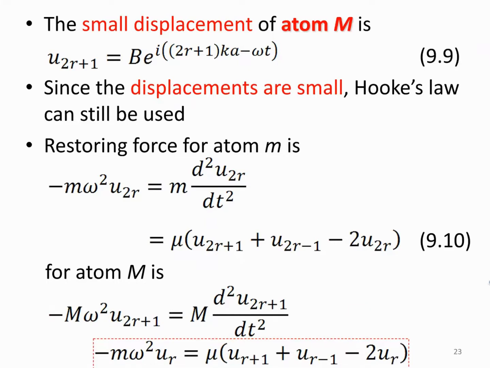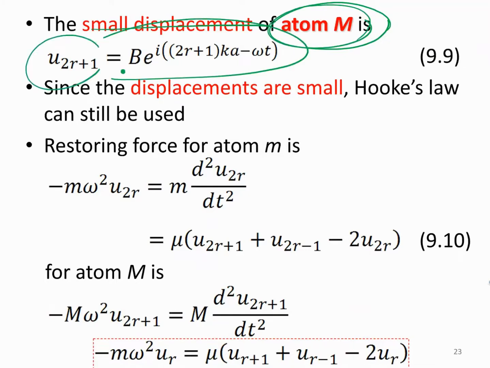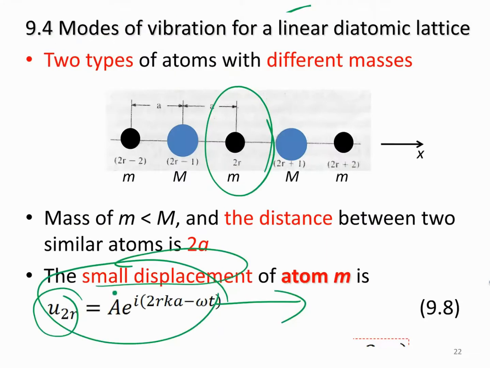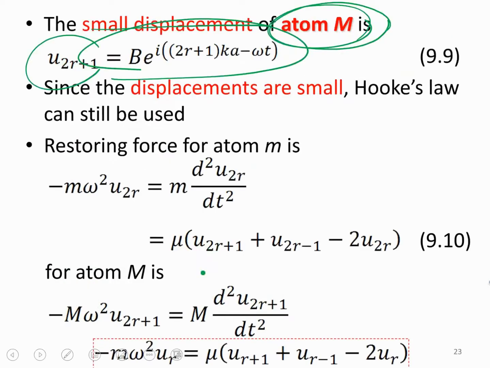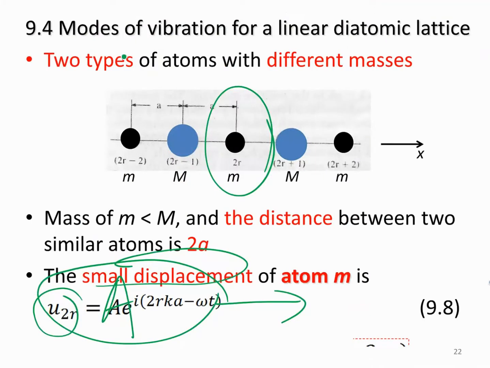So now we know that the small displacement of atom 2r plus 1, the capital M, equals this equation. Why here we have A and here we have B? You have different amplitudes because when you have different masses of the atoms, definitely they will vibrate with different amplitudes.